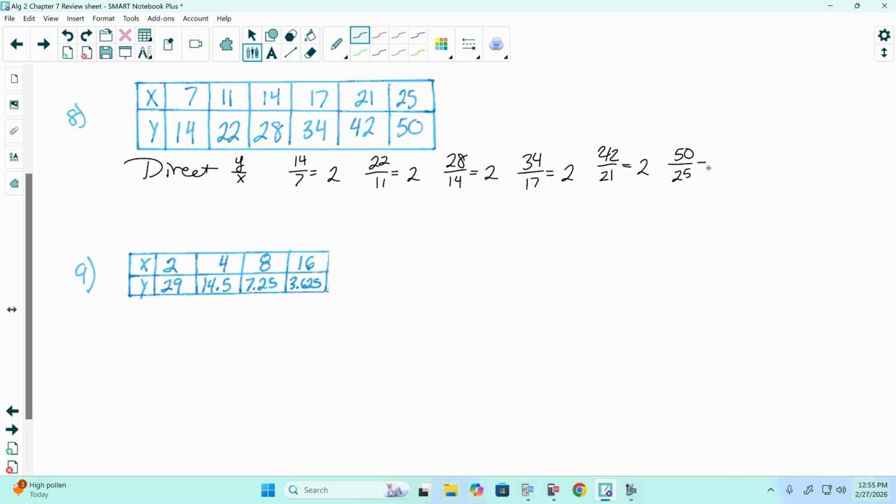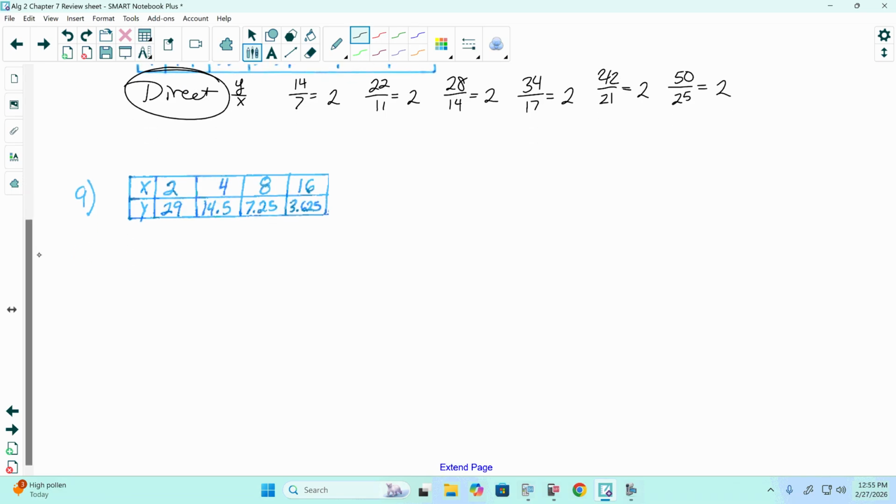And 50 over 25 is 2. Since they all gave us the same value, number 8 is going to be direct variation. We don't even have to check inverse because it can only be one. It can't be both.